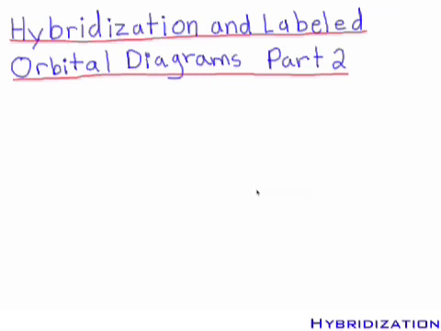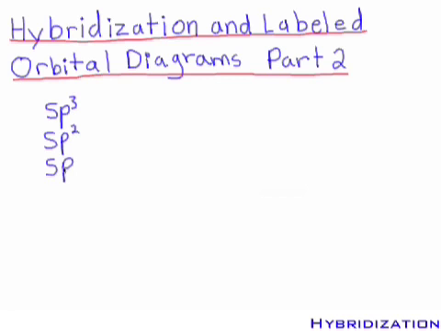In today's lecture, we're going to continue revisiting hybridization and labeled orbital diagrams. Last lecture, we learned about the basic hybridizations available to carbon: sp cubed, sp squared, and sp hybridizations.